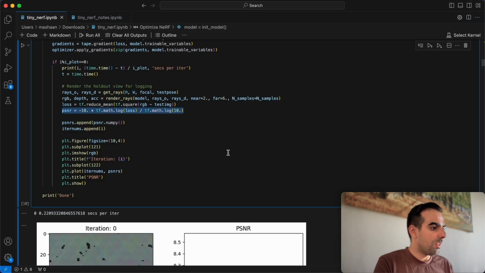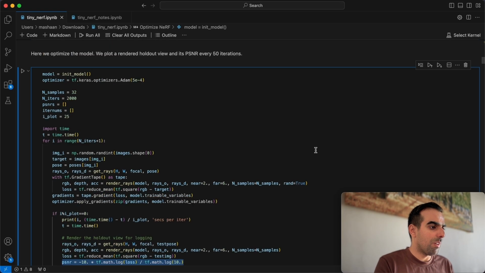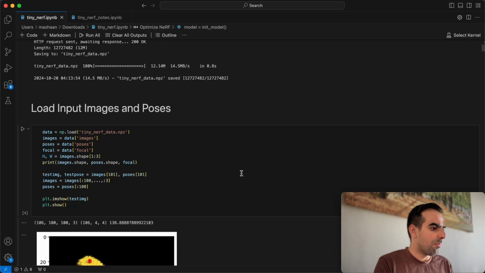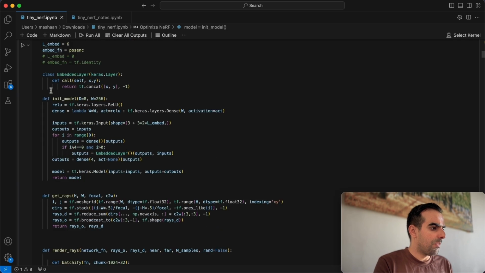So here is the Tiny NeRF implementation. I think I changed some things. I definitely added this part because it throws an error between Keras and TensorFlow. There is a dependency that I couldn't understand, and I found this solution on Stack Overflow.